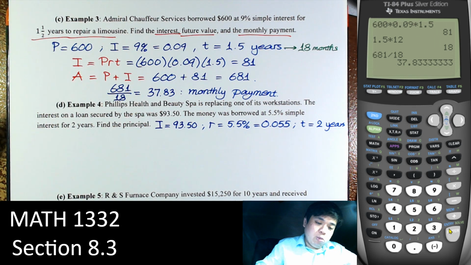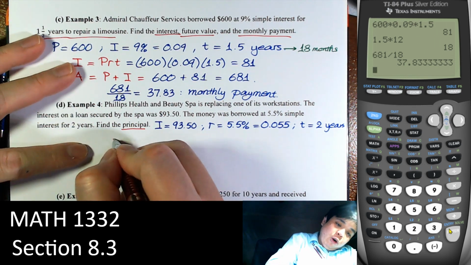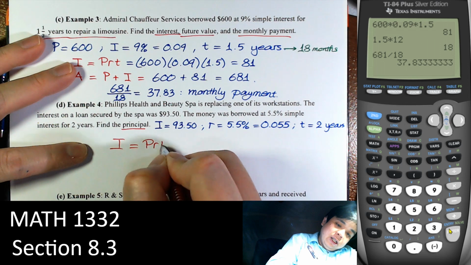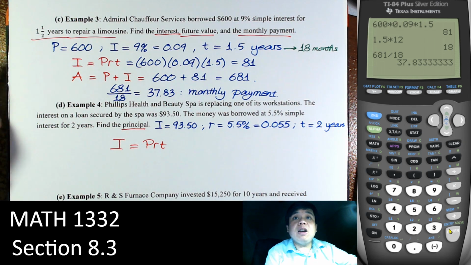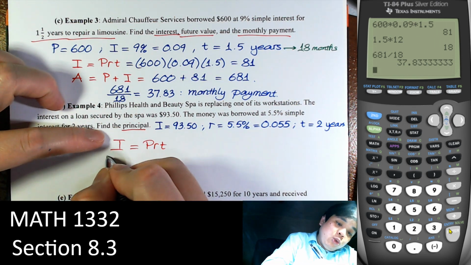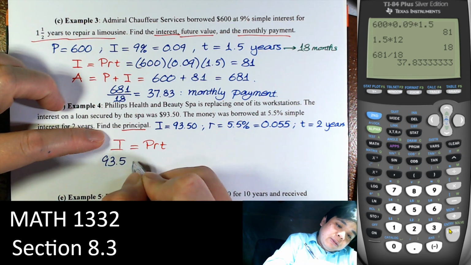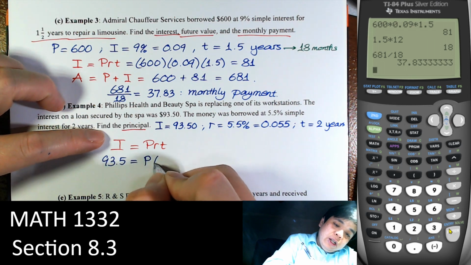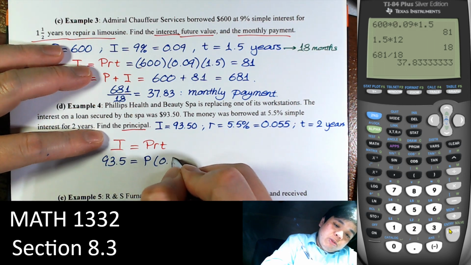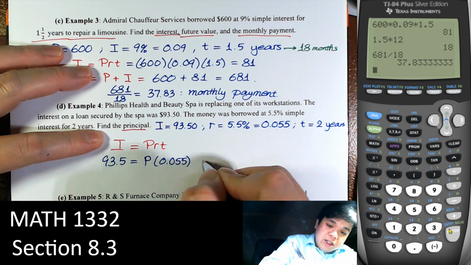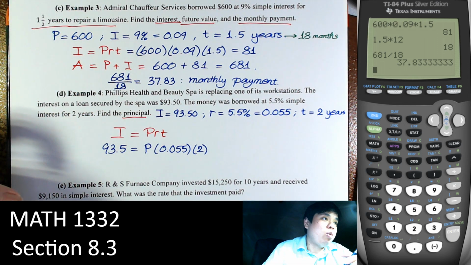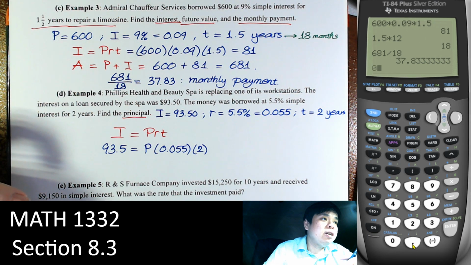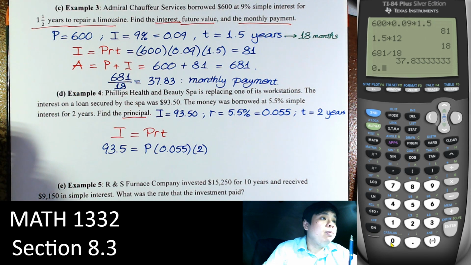And then find the principal. So we do not know the principal. The formula we have is I equal PRT. Of course, we can put all the numbers we have here and then find the missing information. The interest is 93.5. Principal we don't know. The rate we do know, 0.055. T for 2 years. Multiply this, that's 0.11.